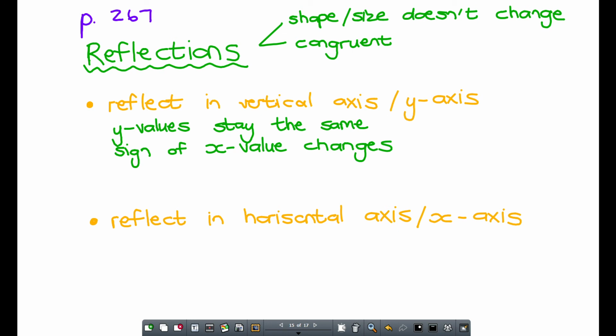Basically, if we had to write this transformation, you would say x, y, and then a little arrow meaning now we're transforming, it means that my x will become a minus x and the y will stay y. Does that make sense?